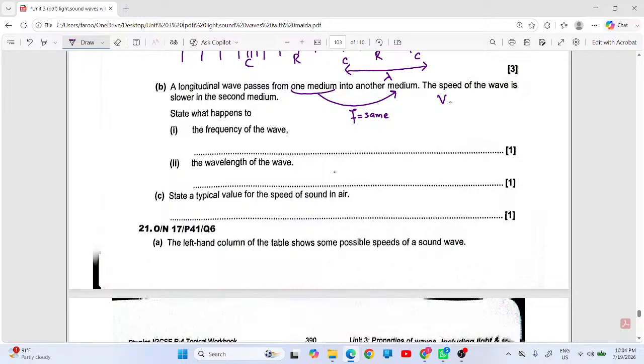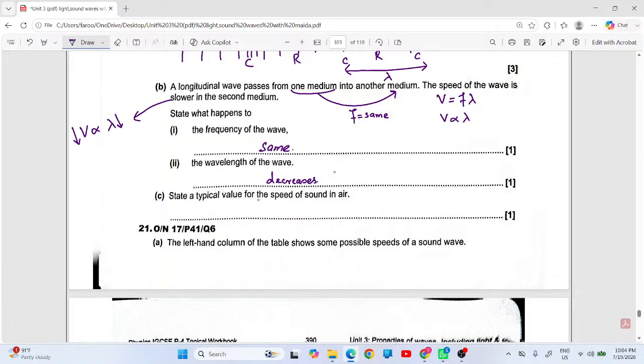Now we know that V equals f lambda, where frequency is constant, so V is proportional to lambda. Now if the wave speed decreases, it's slower हो रही है, so V proportional to lambda decreases, wavelength also decreases.